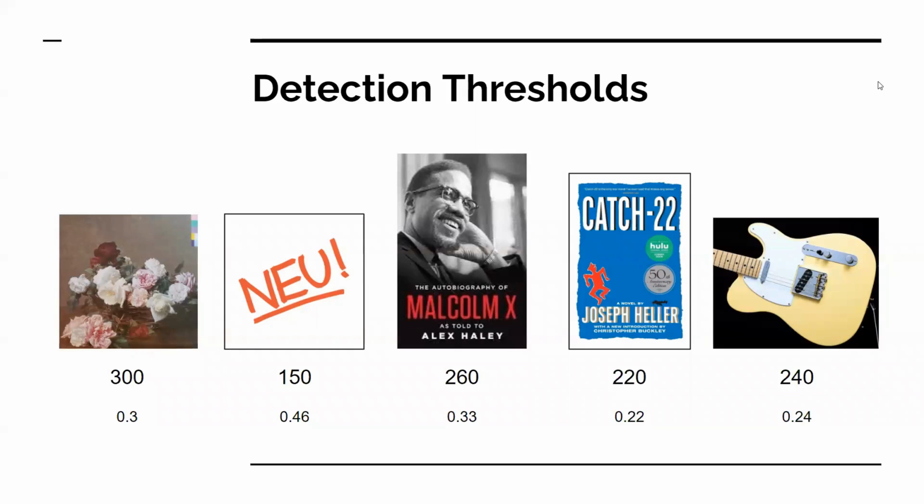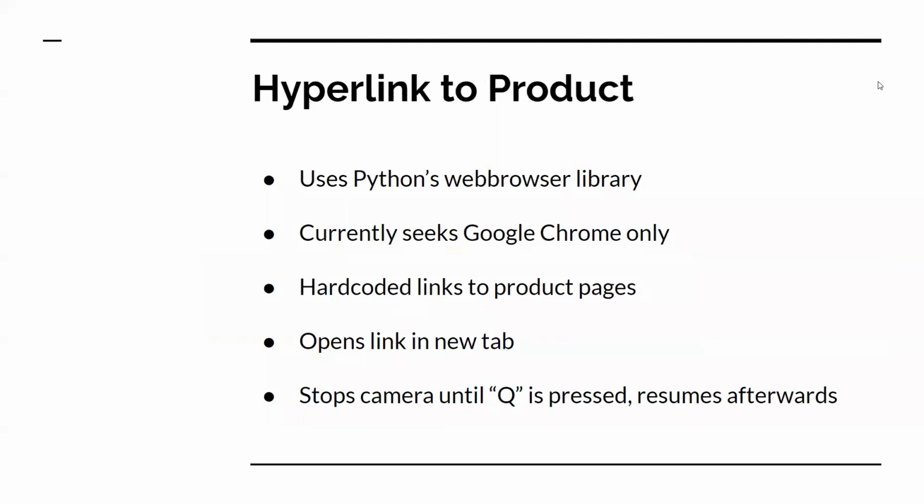And below that is a proportion from the threshold over the maximum key points. And you can see that they are about 0.25 to 0.35. So I think there is some sort of pattern there. So this could be automated for version 2.0 for a bigger database that already exists. And then, like you saw, once it detects the objects, it opens that product page in Google Chrome at the moment.